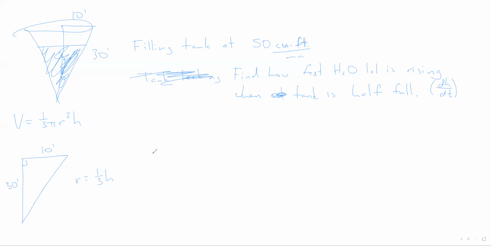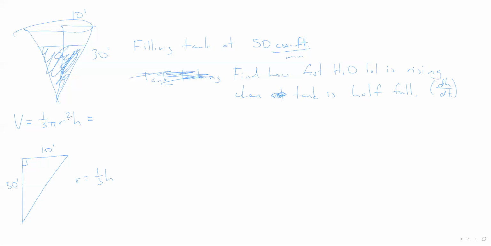Now I would like to make a substitution in my equation. I'm going to get rid of one of my variables, either radius or height. Why would I want to keep H as part of this equation?